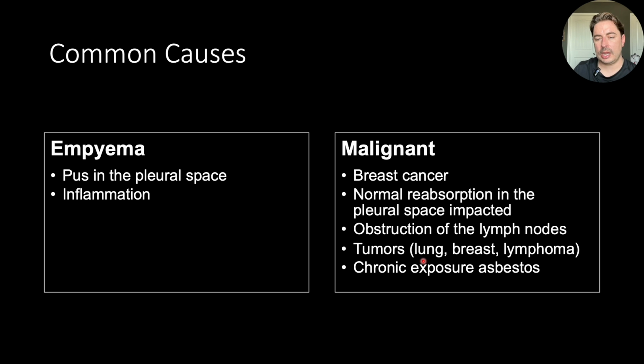But we can end up with tumors in the lungs, the breast, or the lymph system that obstruct that outflow tract of the lymphatic system, leading to a backup. When you have that backup of fluid, it's going to spill back into the pleural space. Or you have another source, which is chronic exposure to asbestos.